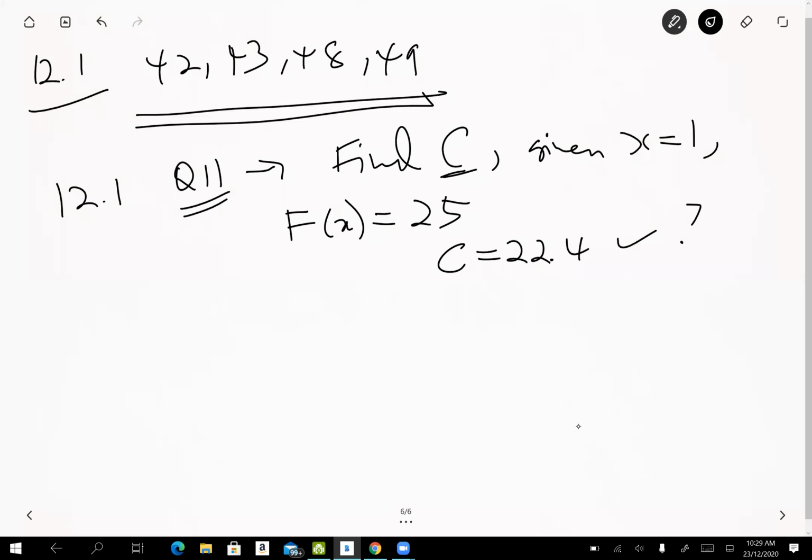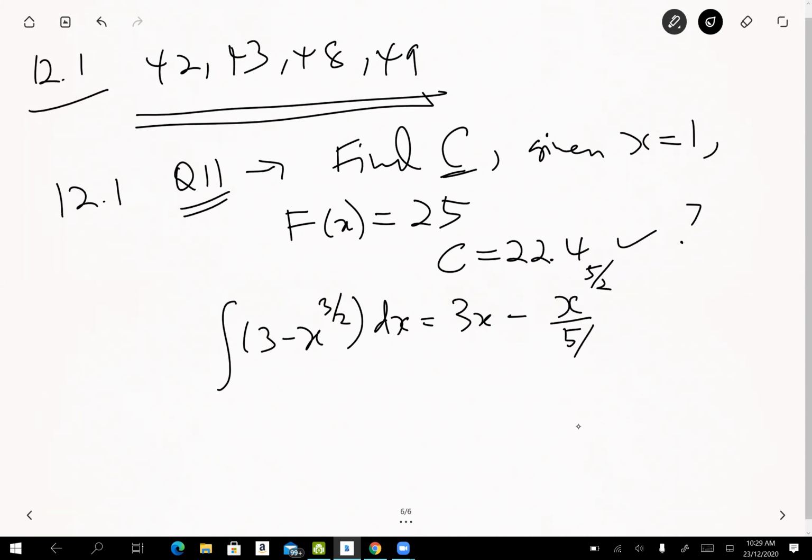Question number 11. Now if I integrate the function, I have the integral of 3 minus x to the power of 3 over 2 dx. Now what do I get? I get 3x minus x to the power of 3 over 2 plus 1, so that becomes 5 over 2, divided by 5 over 2, plus c.